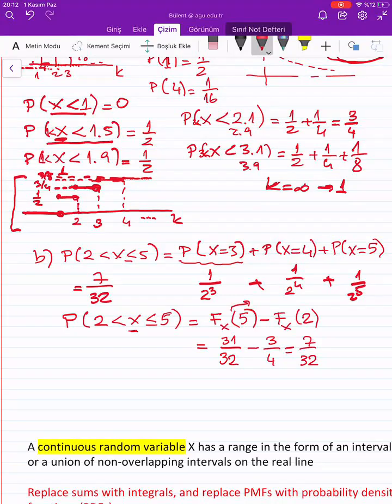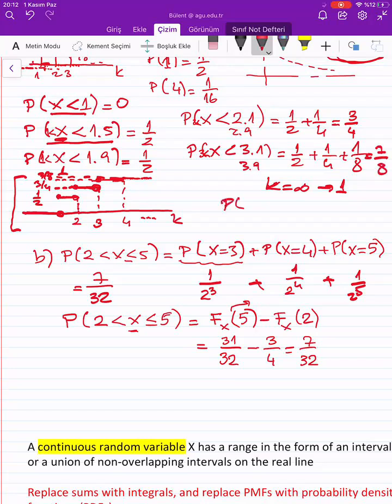If you look at it, for 3, it was 15/16. For 4, it was 7/8.